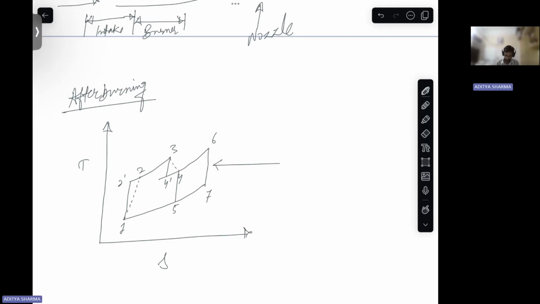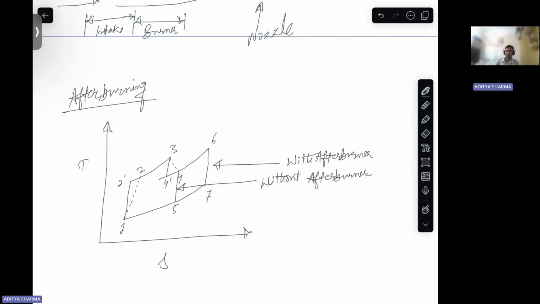So there are two cases. If you are using afterburner, this is the with afterburner case, and this is the without afterburner case. So with afterburner, first expansion will take place from 3 to 4, then next expansion will take place from 6 to 7.